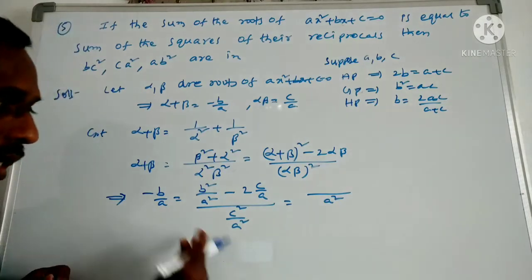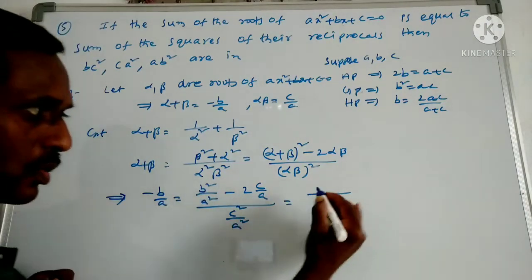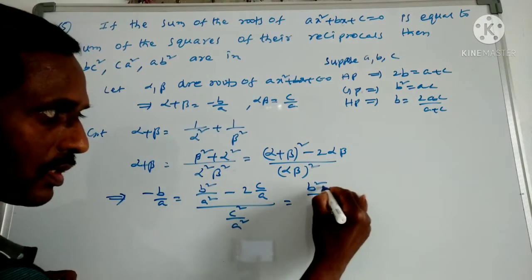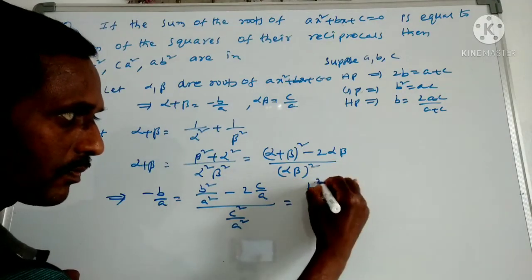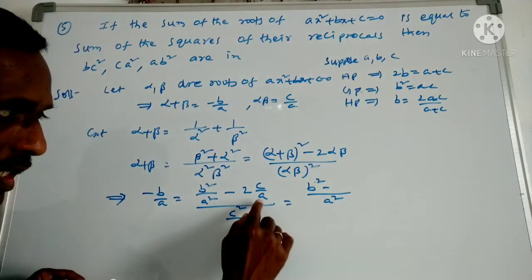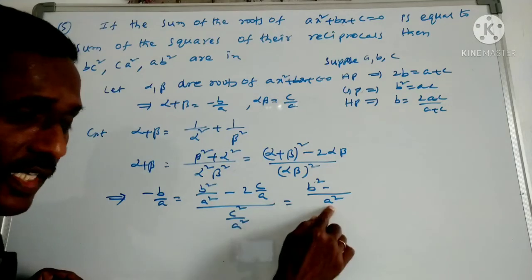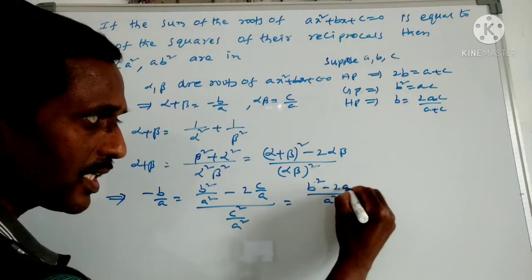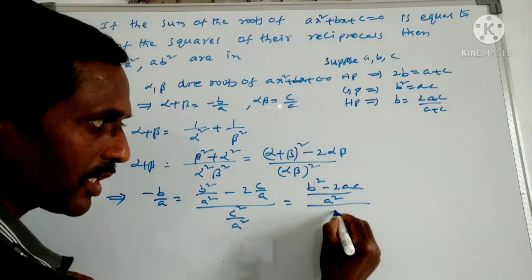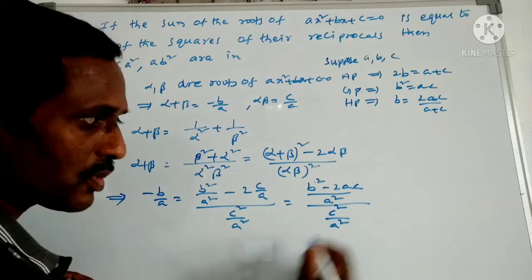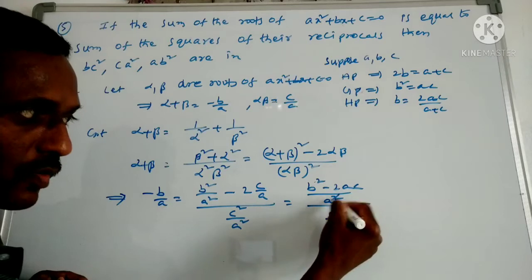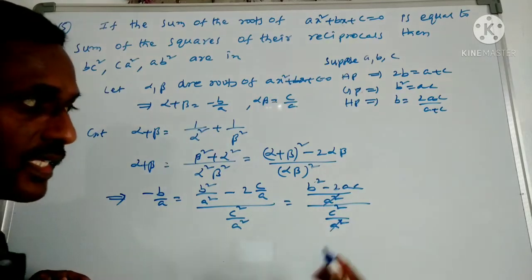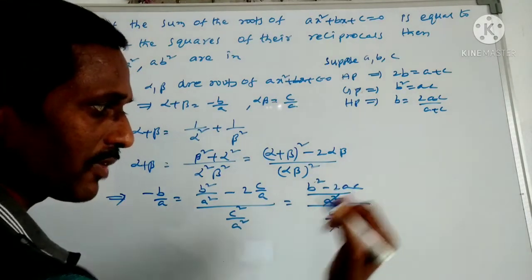After taking the LCM, b square minus, and the denominator we have a, taken as the LCM a square, so a into b minus 2ac, over the denominator c square by a square as it is. Now the a square denominators we can cancel. Now we have this, the remainder.